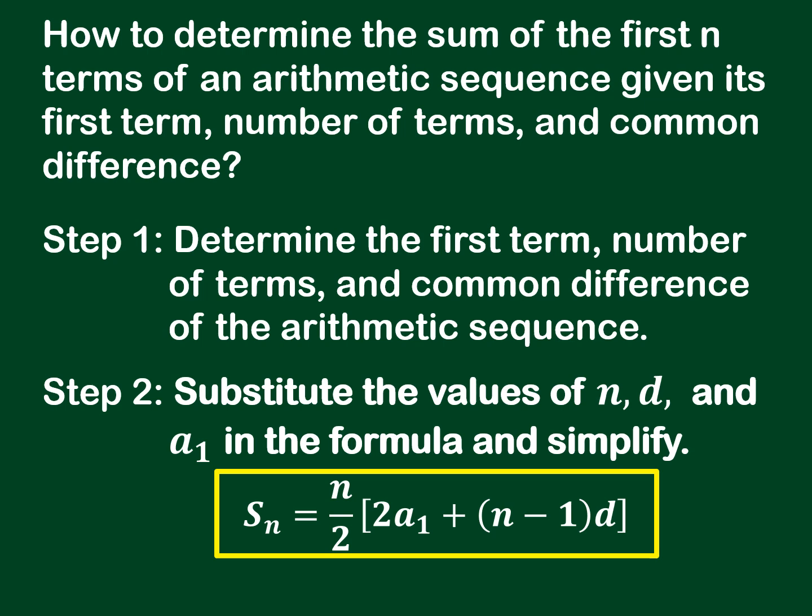And step 2, we're going to substitute the values of n, d, and a sub 1 in the formula and simplify. And the formula that we will use is s sub n is equal to n over 2 times the quantity of 2 times a sub 1 plus the quantity of n minus 1 times d.